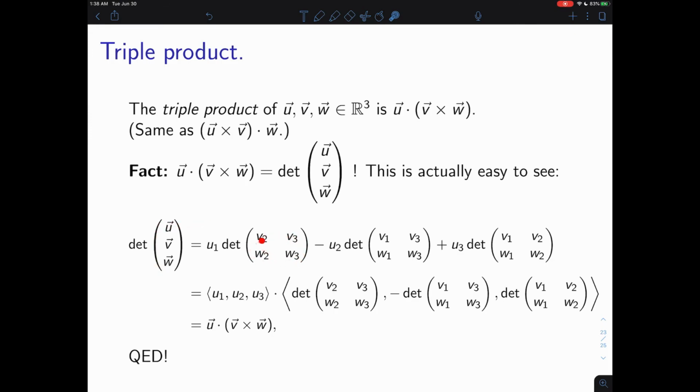And then when I cross out the row and the column of the U1, what's left over is the V W in the second, third columns. If I cross out the row and column of U2, what's left over is V and W in the 1 and 3 columns. If I cross out the row and column of U3, what's left over is V and W in the 1 and 2 columns, because I crossed out the third column.